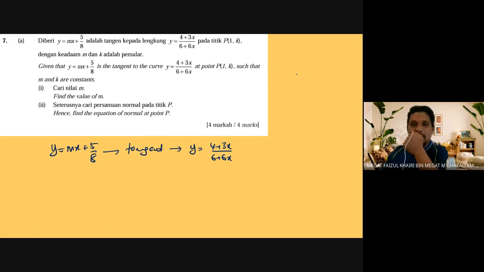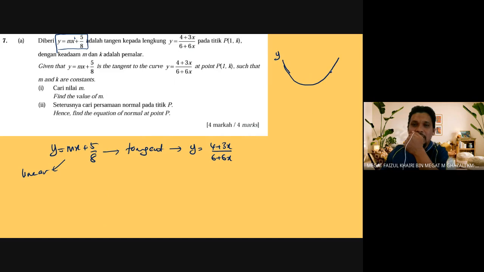So which means that if there's a curve here, a curve of y, then this is linear, y equal to mx plus 5 over 8. This is linear and this is a curve, something like this.